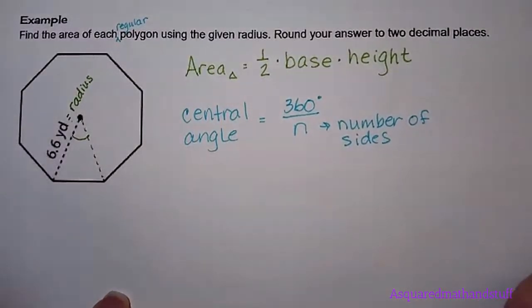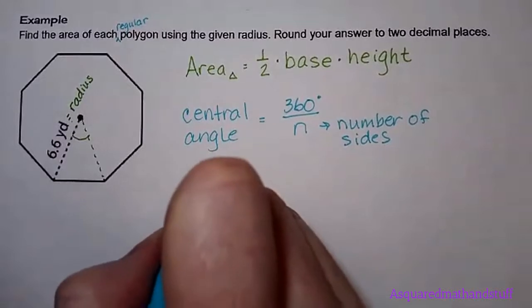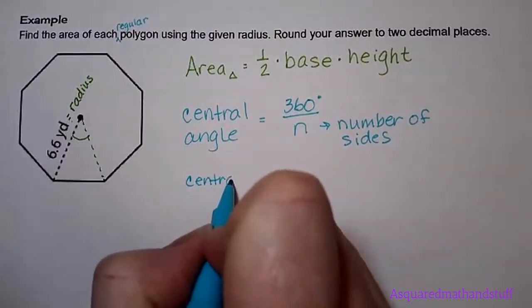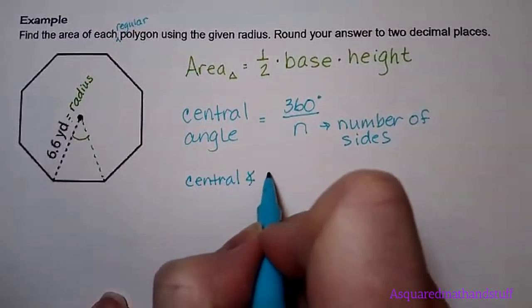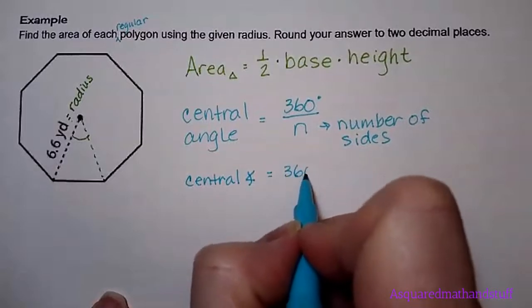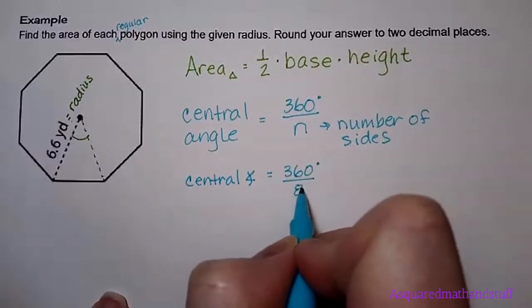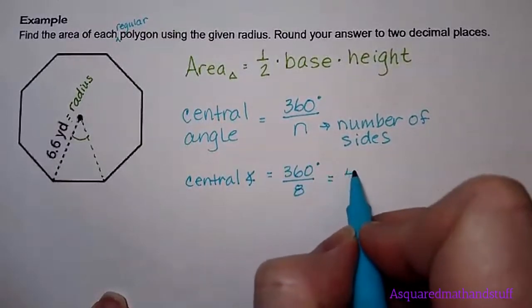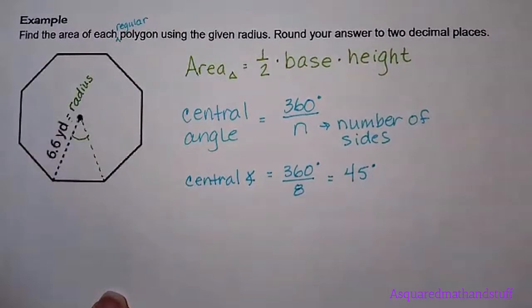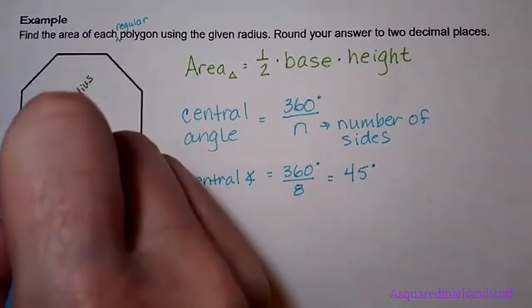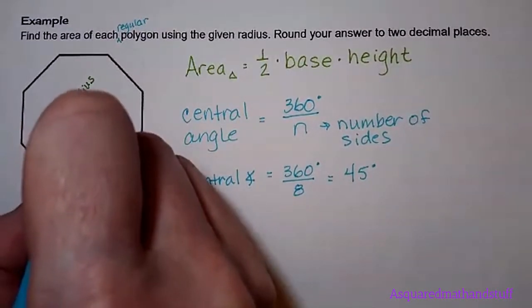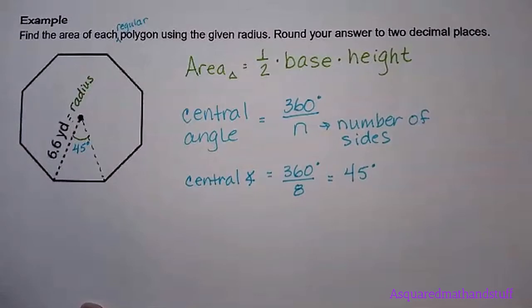In this case, it's 8. So our central angle, which I'm going to symbolize like this, is equal to 360 degrees divided by 8, or in our case, our central angle is 45 degrees. So that means we have a 45-degree angle right here.